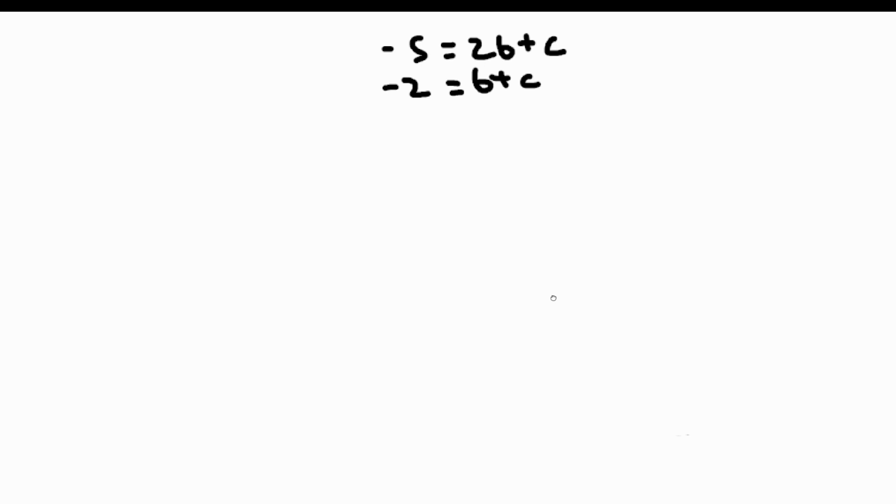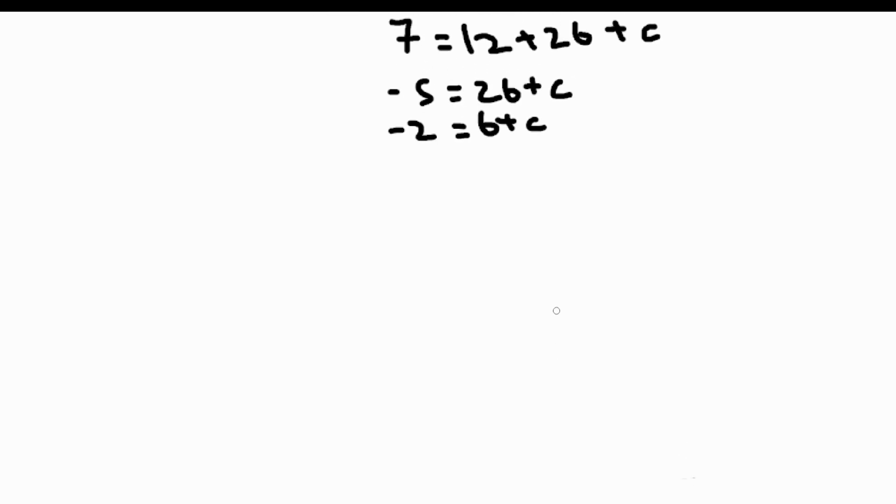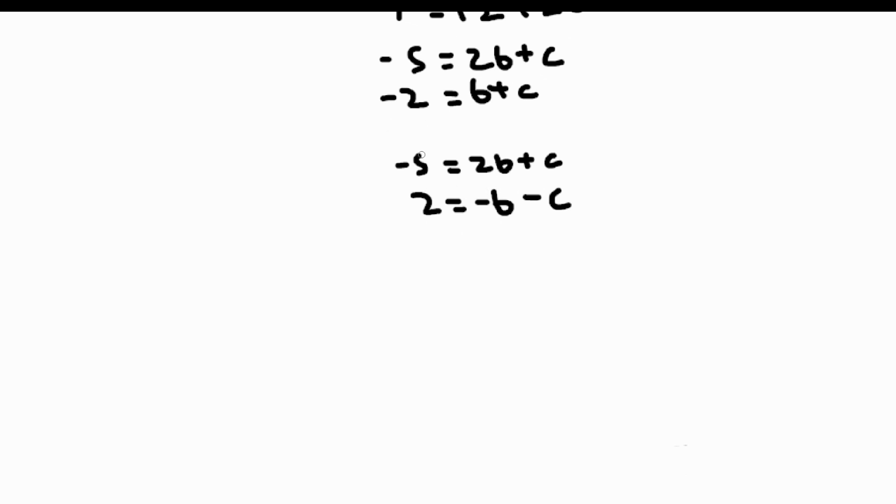Alright. What can we do from here? Well, we can cancel out one variable. We can cancel out c, but to do that, we're gonna have to flip the signs, okay? So if we flip the signs, we'd get 2 is equal to minus b minus c. And let's just write this other equation up above. Okay, so let's add these together.